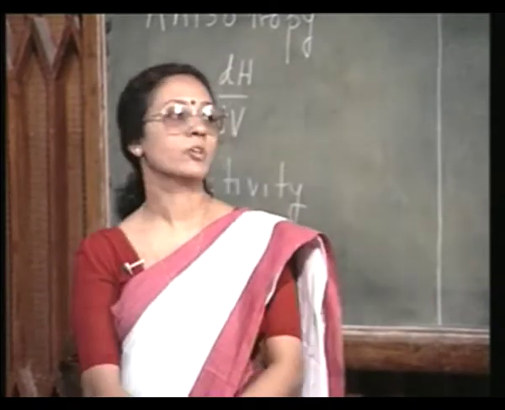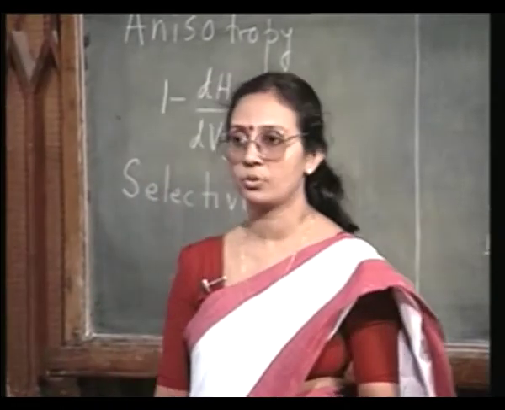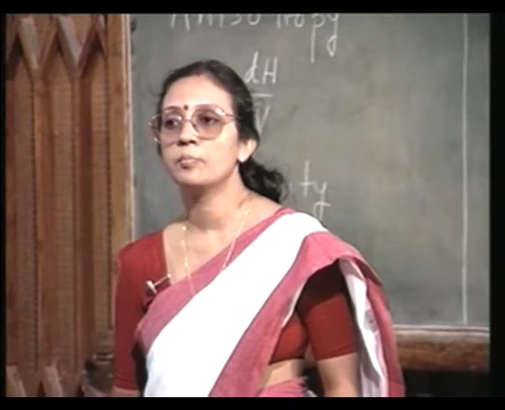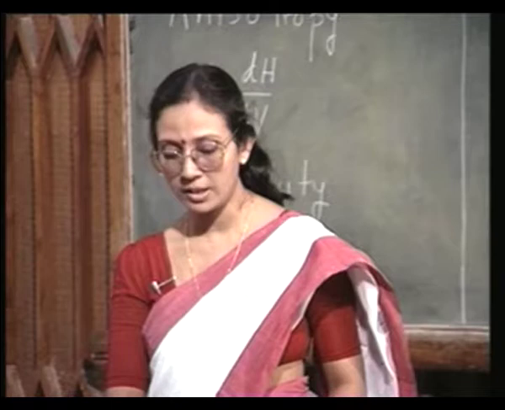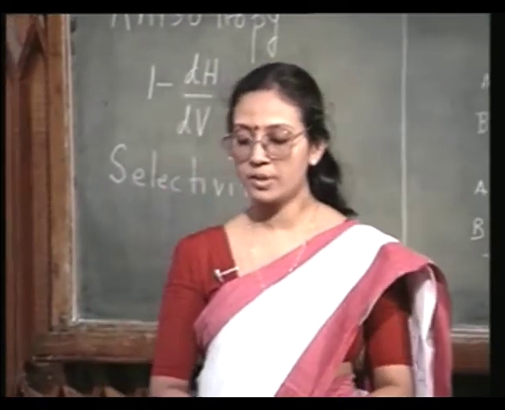Now, let us for a moment focus our attention on the two electrodes. At the two electrodes, the situation is completely different from an insulating surface, right. Electrodes are conducting surfaces. So, what is happening at the electrodes?